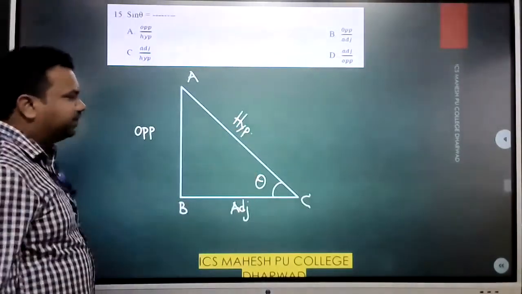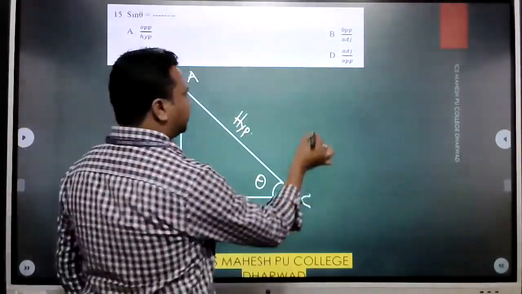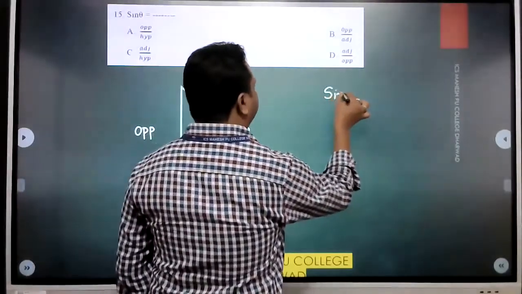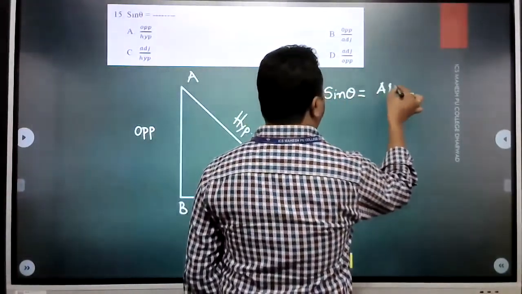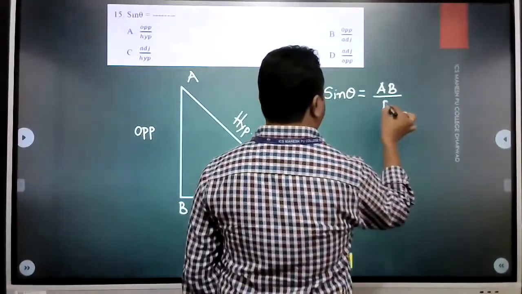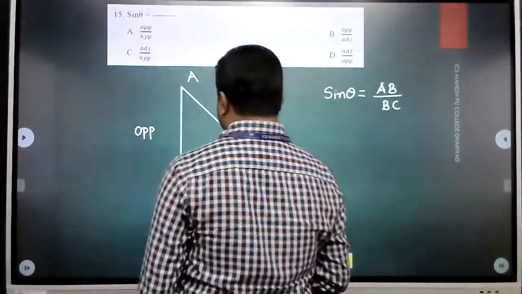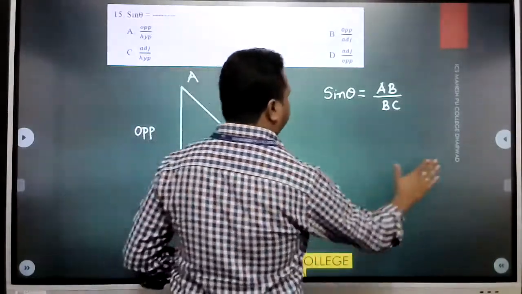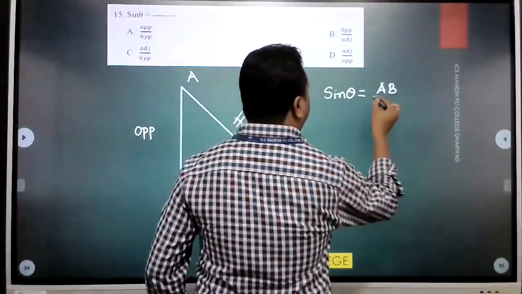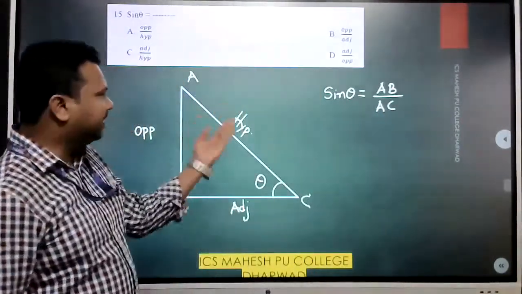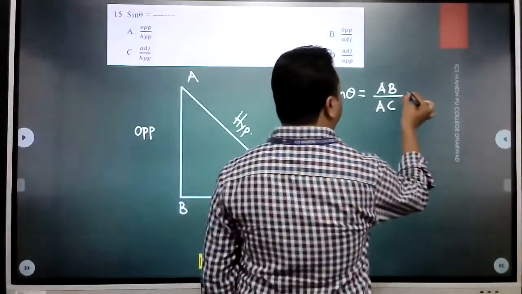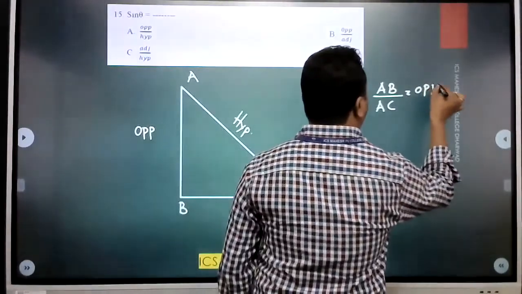Correct? Therefore, what is sine theta? Sine theta is defined as opposite by hypotenuse, that is, AC. Right? Please note down: opposite by hypotenuse.